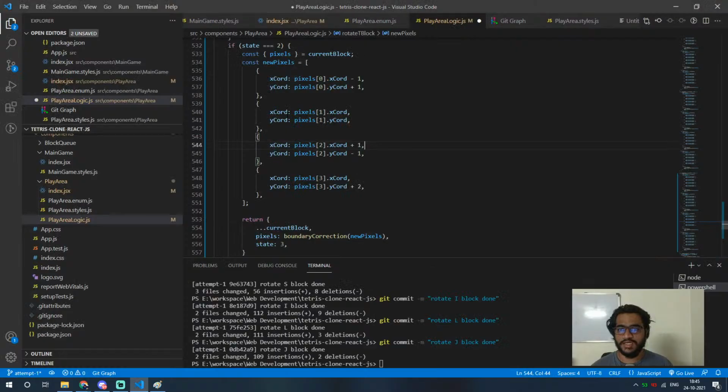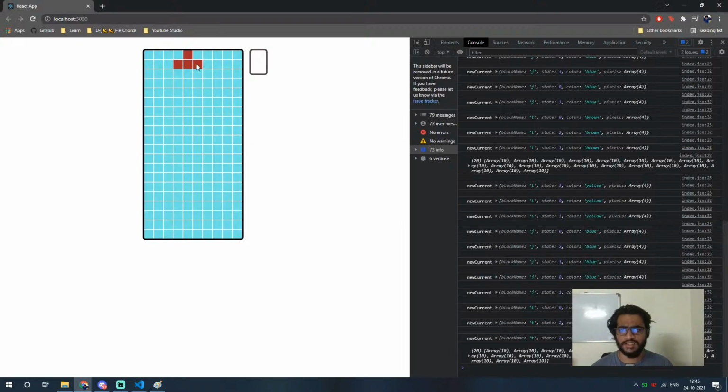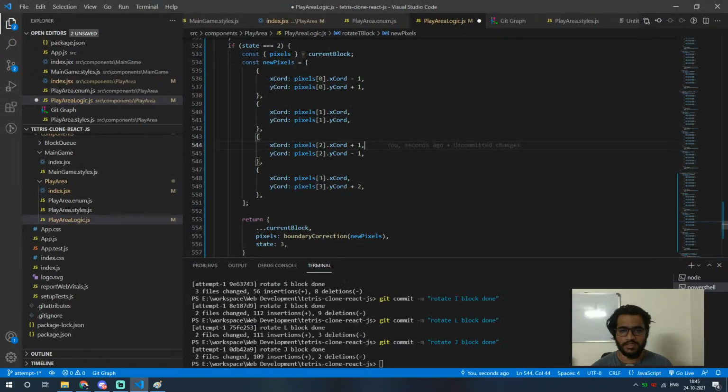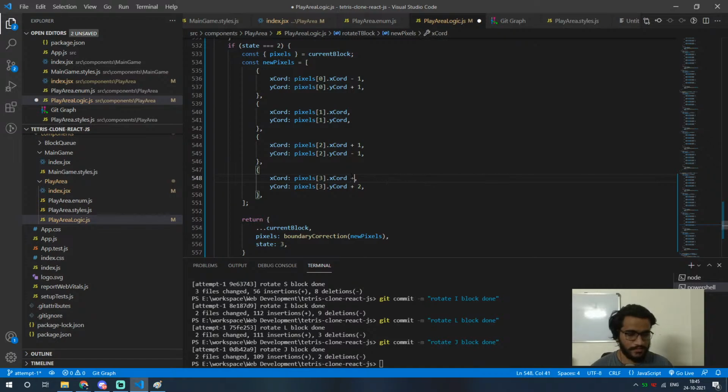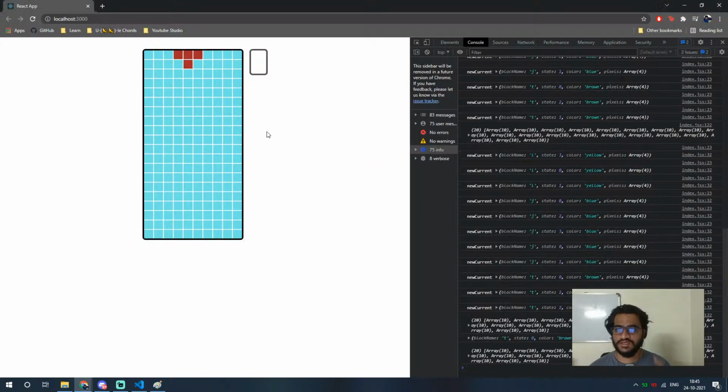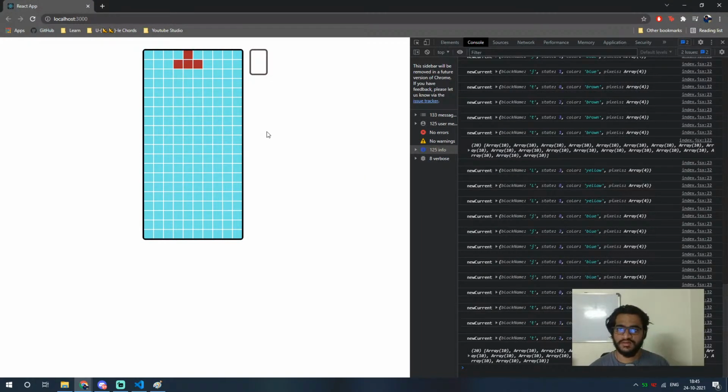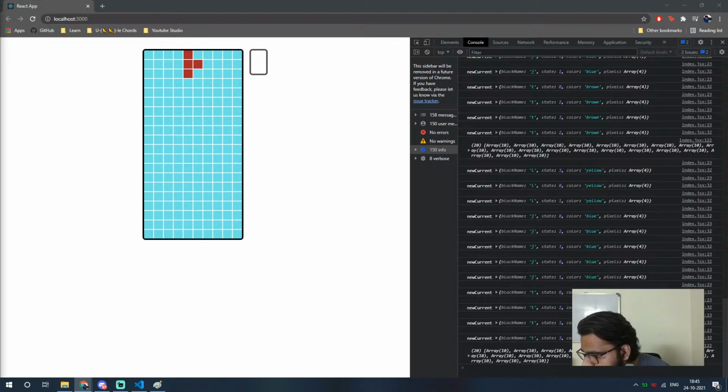Then the last one would be plus 1x plus 1y, plus 1x plus 1y. So let's check the third rotation. Okay, the third rotation is also this one.